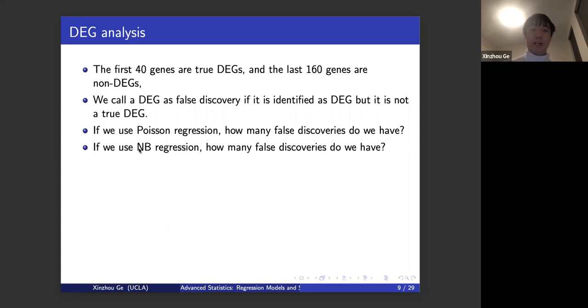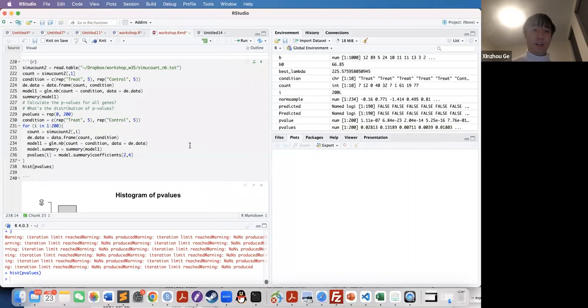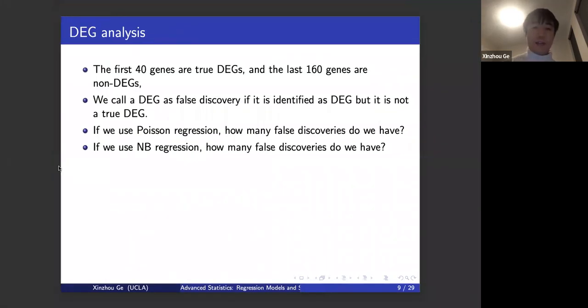For the NB regression, we have already finished all the analysis, so we will have a vector of p-values. From the p-values, we take 0.05 as the threshold, and then we can see which genes pass it, and compare our discoveries with the true DE gene list to see how many false discoveries we have.